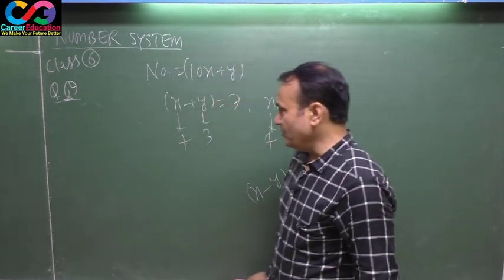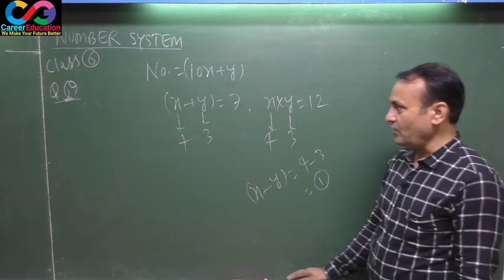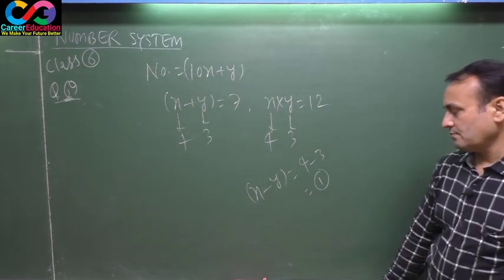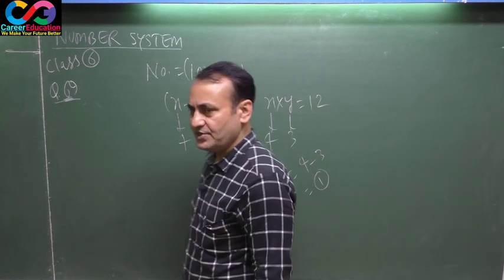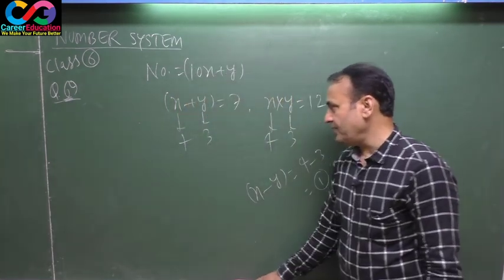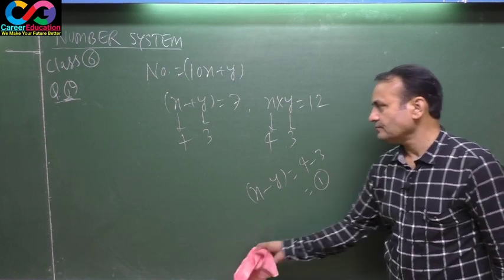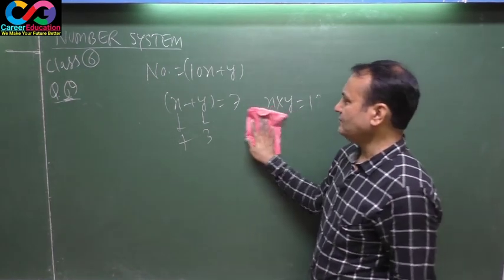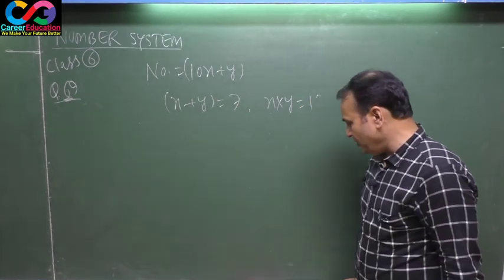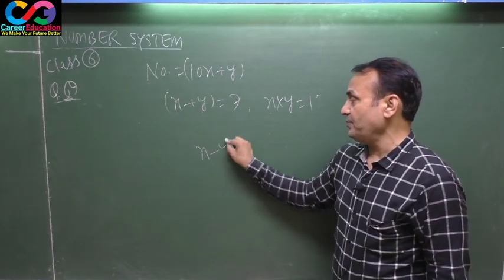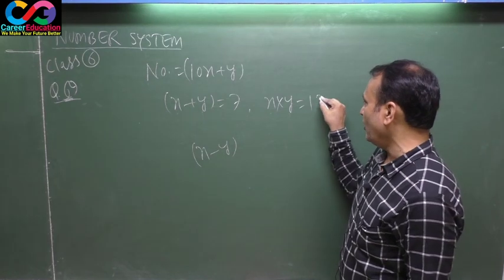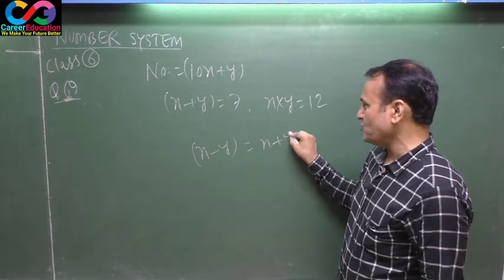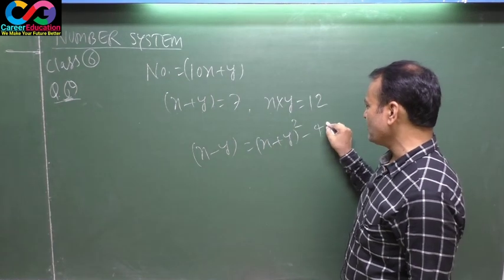I will solve this question through the equation as well, the algebraic formula. Very basically you solve here. In order to get the difference of the numbers, that means x minus y, you must have the help of (x minus y) square equals (x plus y) square minus 4xy.